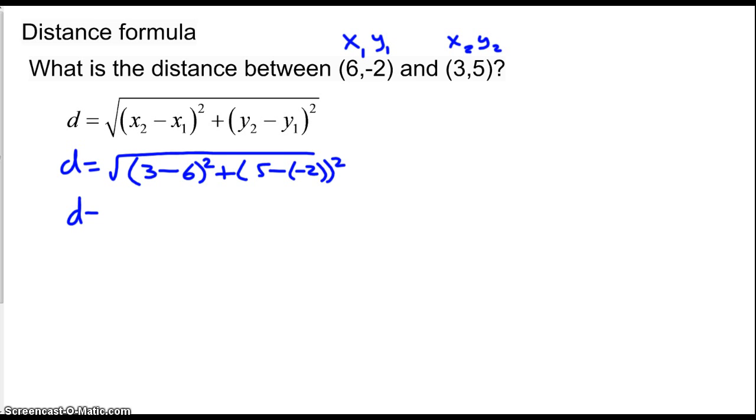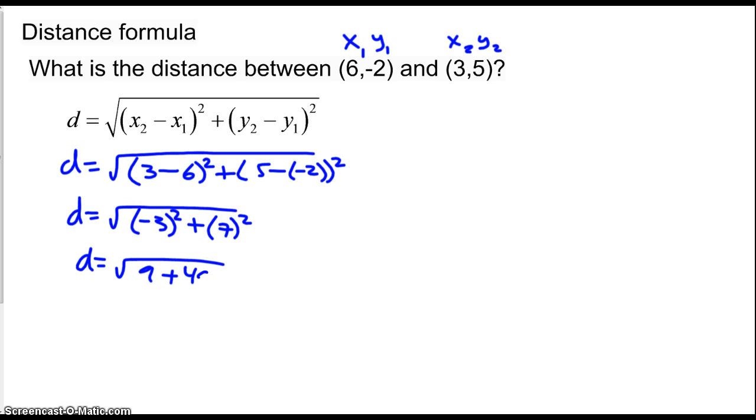All right, so I've got distance is the square root of negative 3 squared plus 7 squared. So that's going to be 9 plus 49, right? And that's going to be 58, so the square root of 58. And I don't think that simplifies any, so we would just leave it like that, square root of 58.